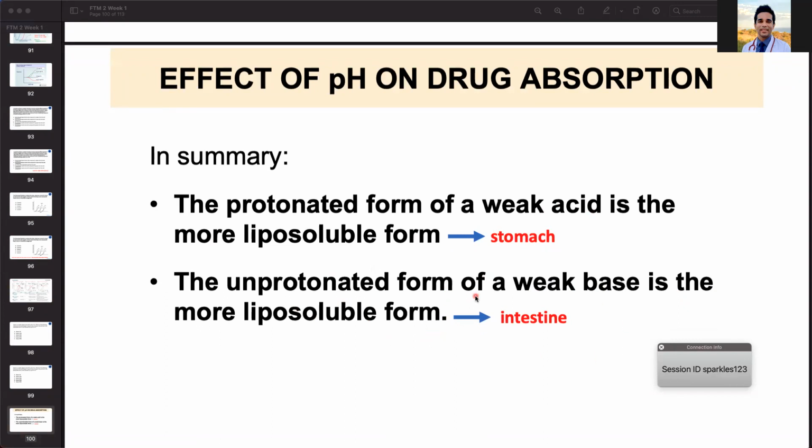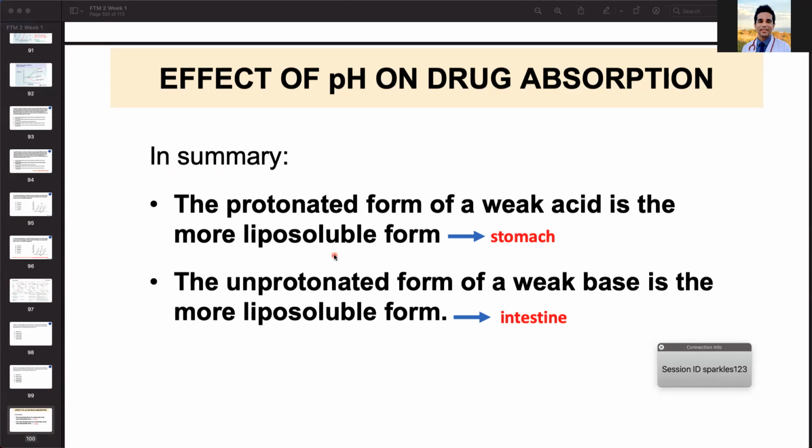Now, why does this make intuitive sense? If we have a charged particle, can it enter the cell? No, right? When it's ionized, when it has a charge, whether positive or negative, it can't cross the cellular membrane. So we typically need to alter it so that it becomes liposoluble. Lipo meaning fat, and soluble meaning it has the ability to get into adipocytes and other things.